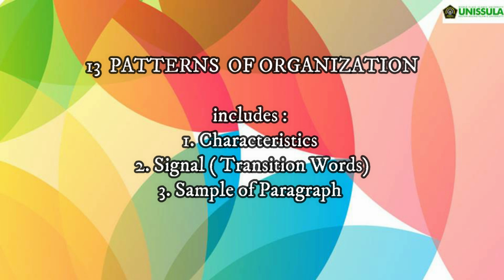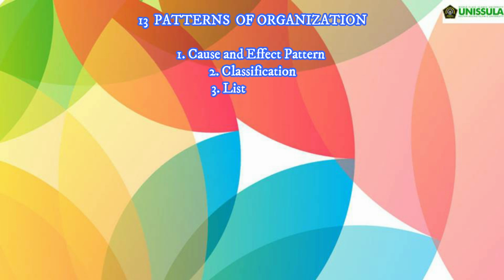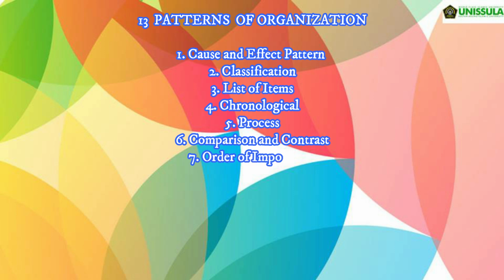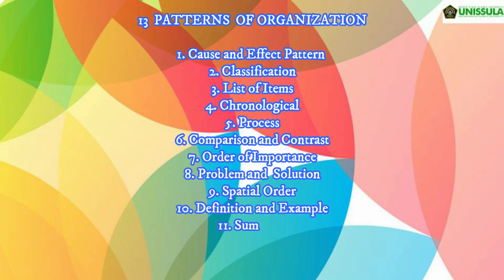Okay, we come to the first pattern of organization. Number one is cause and effect. The second, classification. The third, list of items. The fourth, chronological. The fifth, process patterns. The seventh, comparison and contrast pattern. And then the eighth, order of importance pattern.